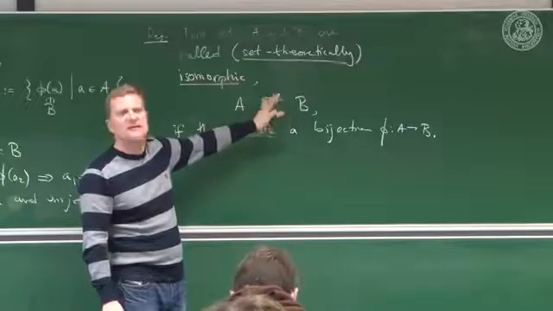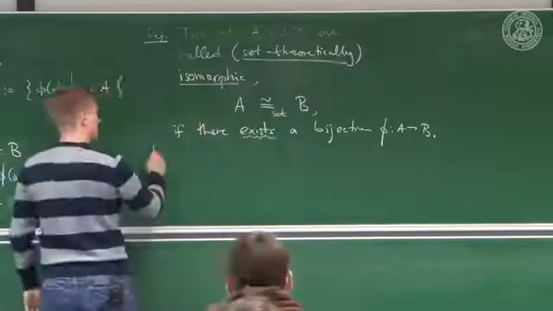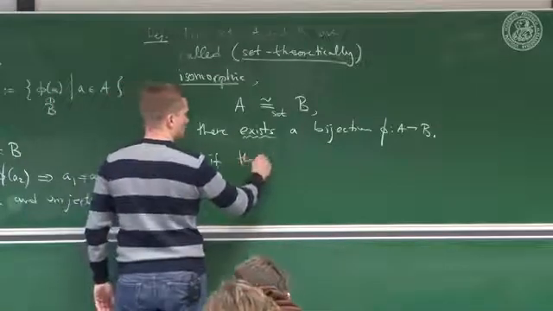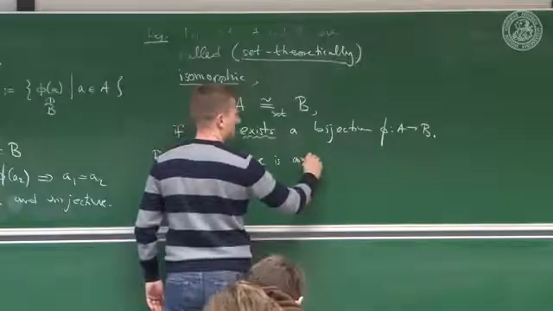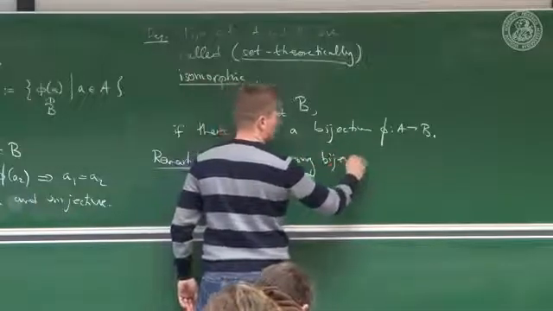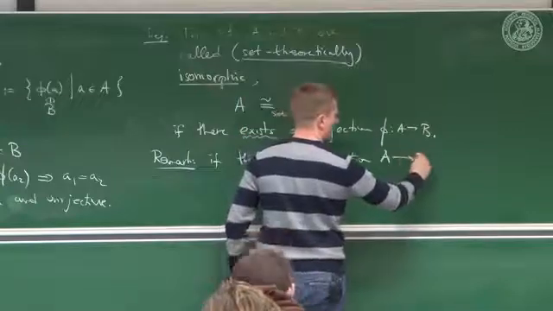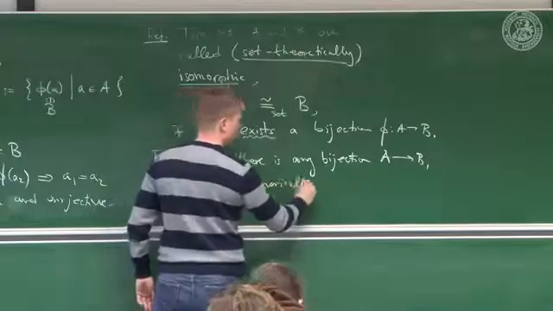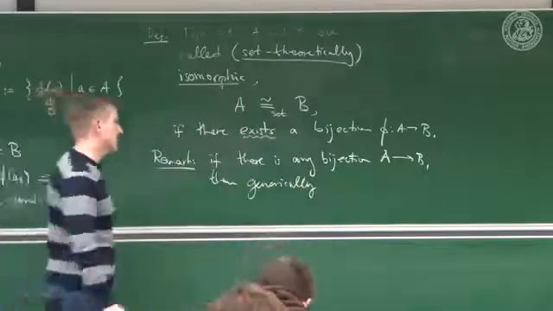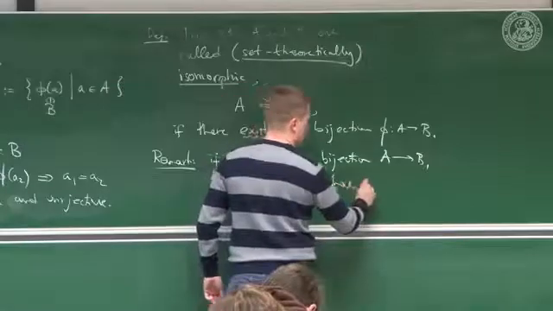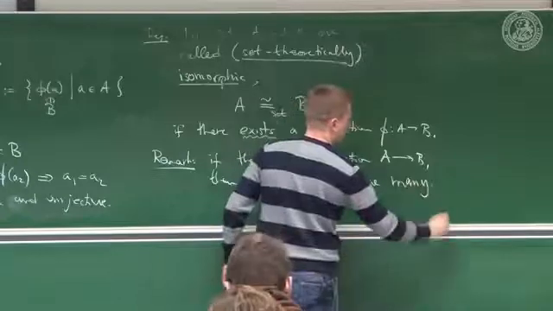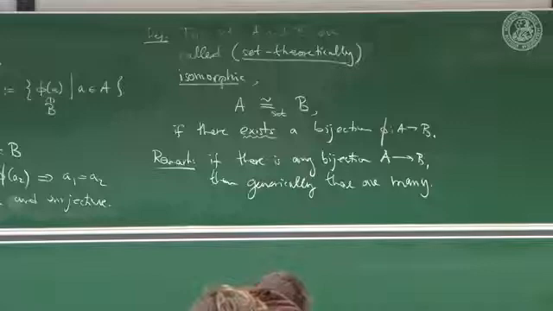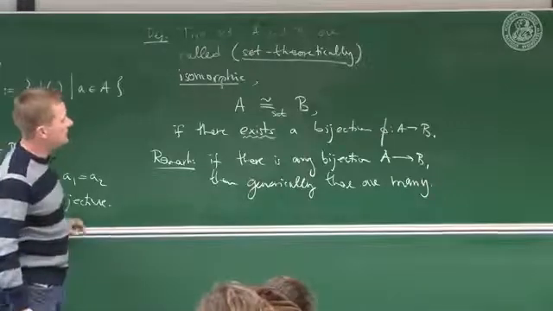They are such that there is such a bijection. Important remark: if there is any bijection at all from A to B, then generically, that means only in exceptional cases it's not the case, there are many. That means there is not a unique such bijection. The whole criterion is that there exists such a bijection.